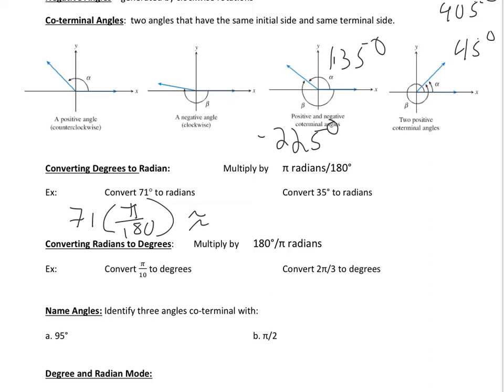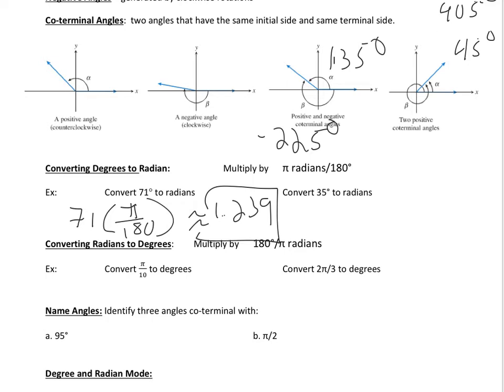And when I do that, I get about 1.239 radians as an estimated amount for that. And you could do the same with 35. I'm going to skip over that other example. I want you to try it yourself and see what you come up with.